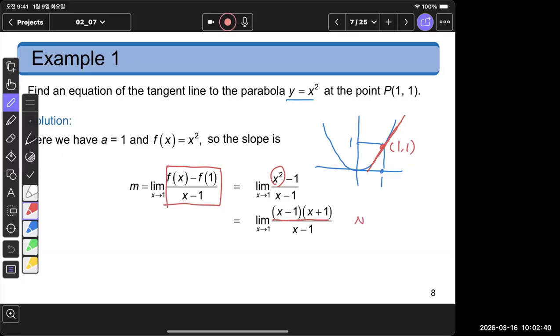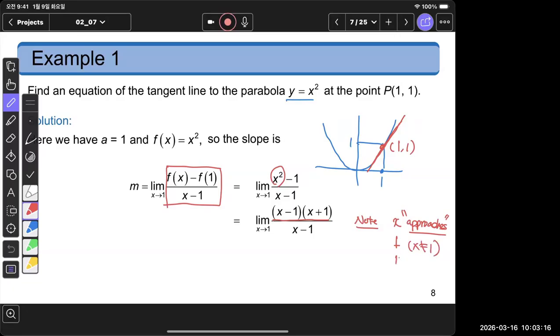Now note that in this limit, x approaches the value 1, but approaching does not reach the destination 1. So x approaches the value 1, but we do not consider the case when x equals 1.